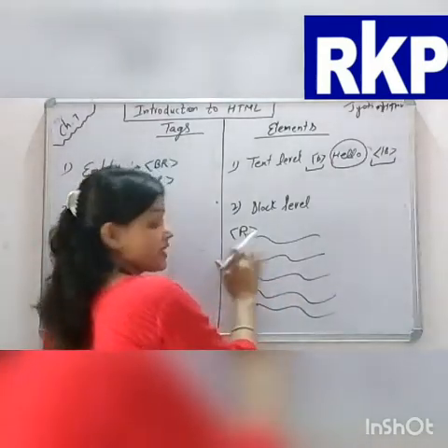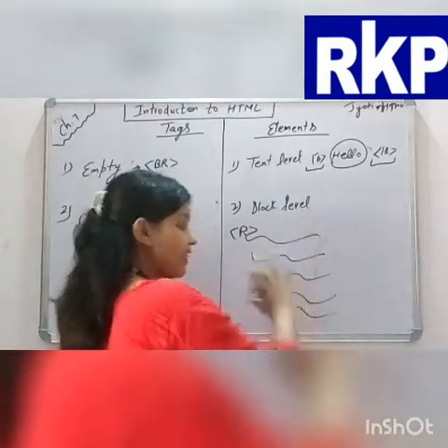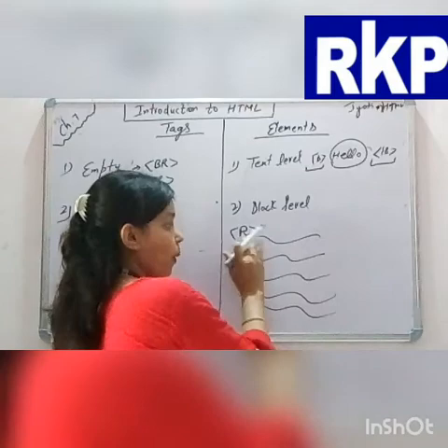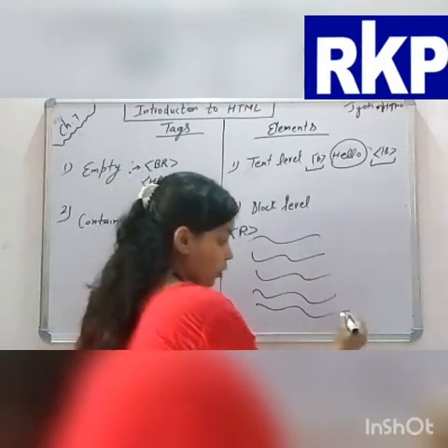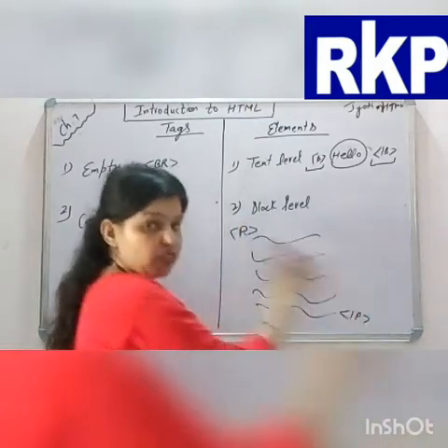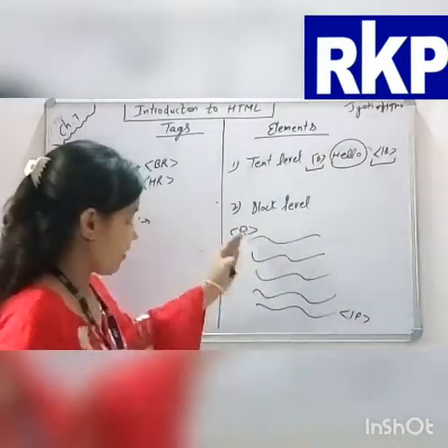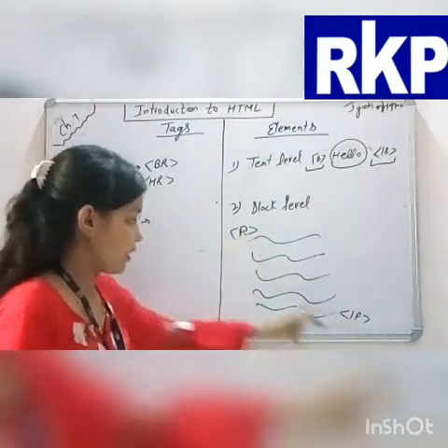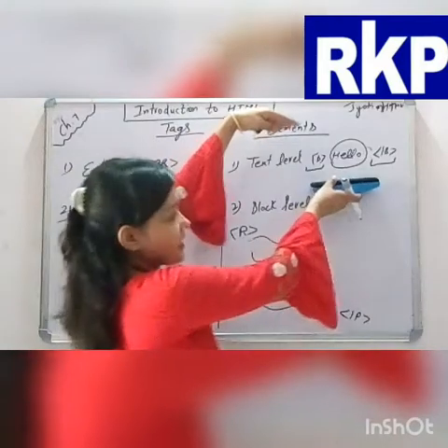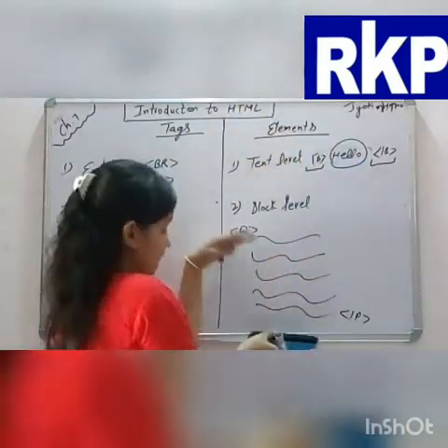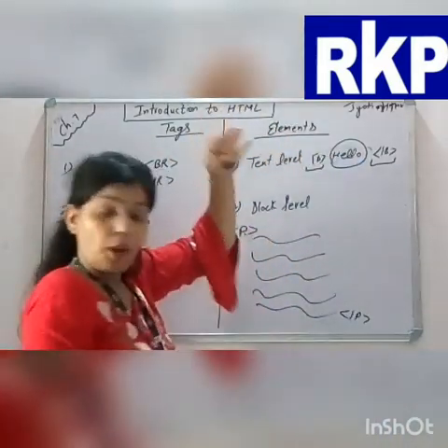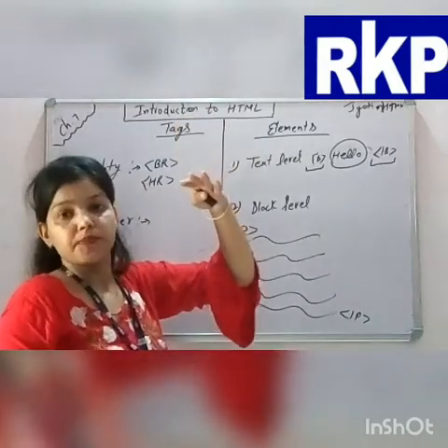For this, write the text, however many lines you want, open the paragraph above and close the paragraph below that text. Put that text in the P tag, opening and closing. Here, this is text level, a simple line. This is block level, a complete paragraph.